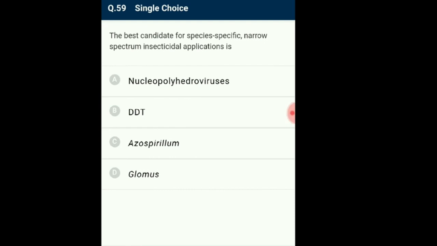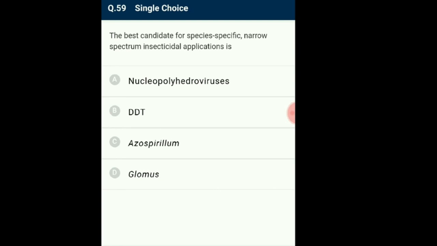Question number 59. The best candidate for species specific narrow spectrum insecticidal application is baculoviruses. They are pathogens that attack insects and other arthropods. The majority of baculoviruses used as biological control agents are in the genus nucleopolyhedrovirus. These viruses are excellent candidates for species specific narrow spectrum insecticidal applications. They have been shown to have no negative impacts on plants, mammals, birds, fish, or even on non target insects.